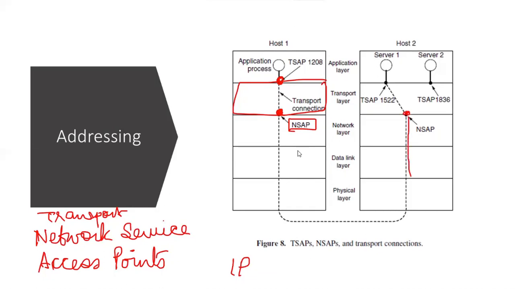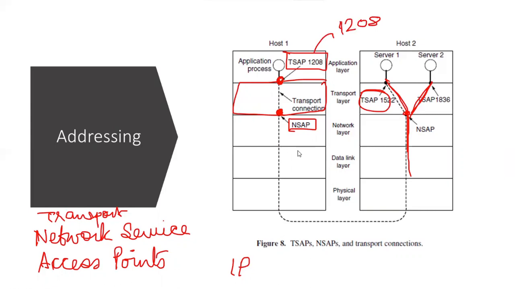The data which comes in through the destination: to which application should it send it? Should it send to this application, or this application? How will it know? It will know by looking at the transport service access point, that is, which access point it is addressed to. Here you see in the application layer of host 1, you have one transport access point, whose number is 1208.